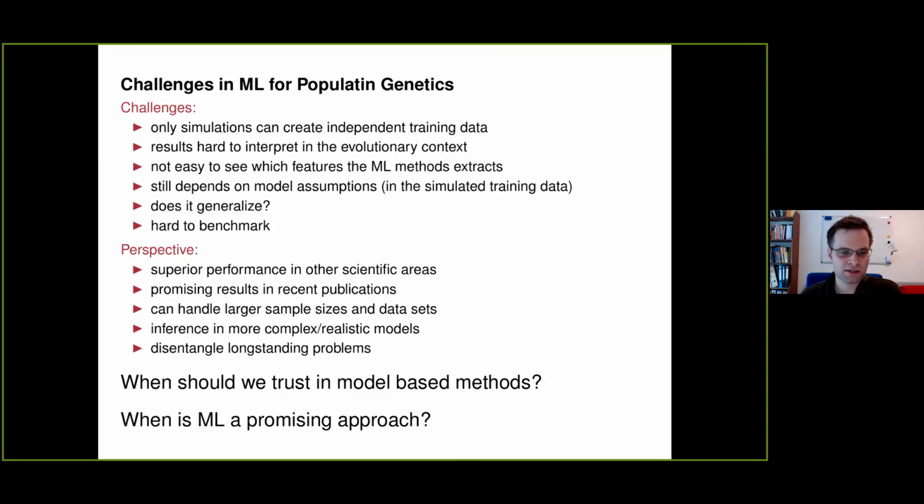And one of the biggest advantages, in my opinion, is that machine learning methods will be able to handle much larger sample sizes and data sets, which is often a problem in classical approaches. Still, the main questions are, in my opinion, when should we trust model-based methods, and when is machine learning a promising approach?